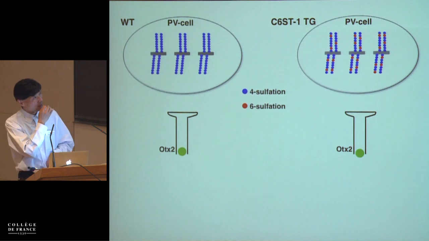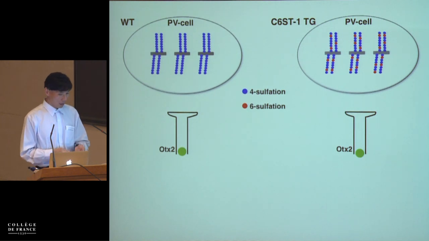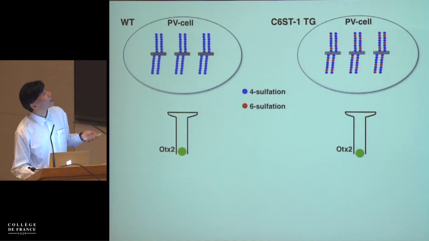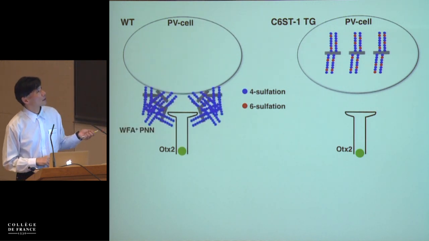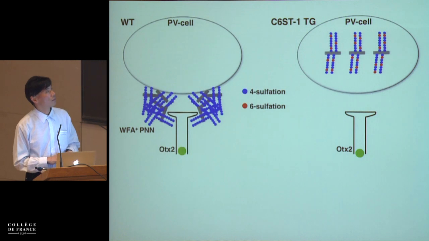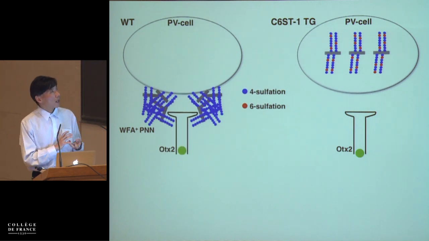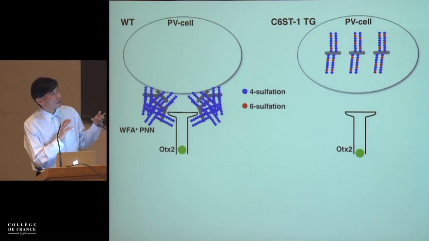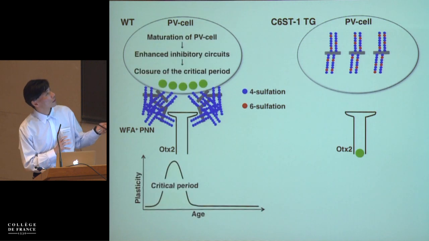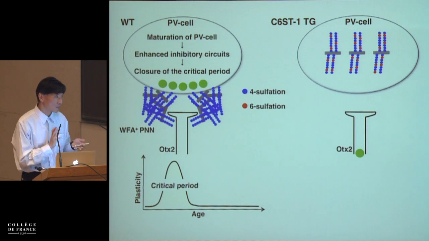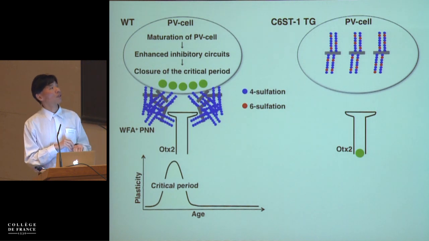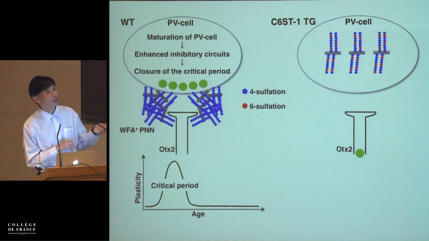So let me summarize the first part of my talk here. In wild-type mice, the WFA-positive perineuronal nets rich in 4-sulfation tightly surround synaptic contacts, which promotes the incorporation of OTX2 into PB cells.